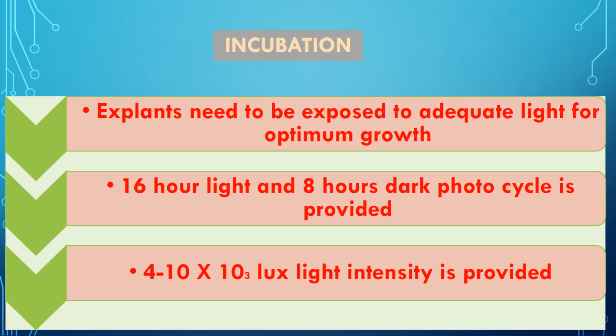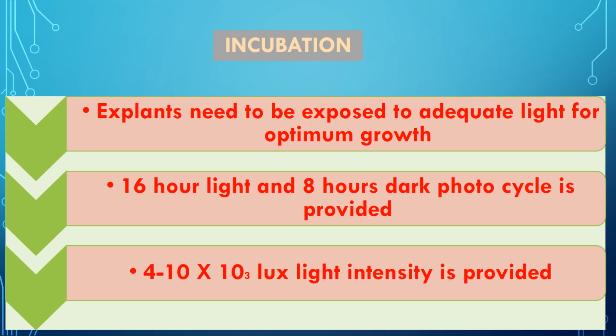After inoculating the explant into the media, the explant needs to be exposed to adequate light for optimum growth. This is ensured by providing a 16 hours light and 8 hours dark photocycle using a timer that controls the fluorescent lamp fitted onto the incubation rack.